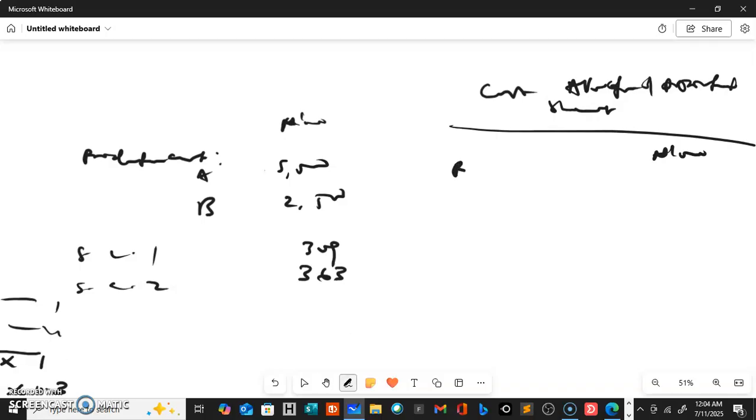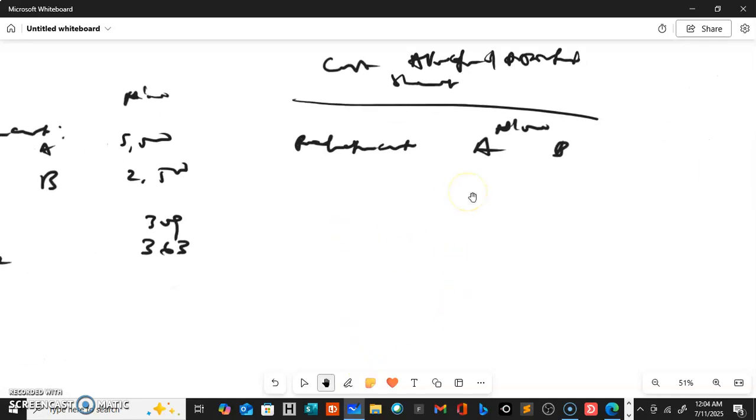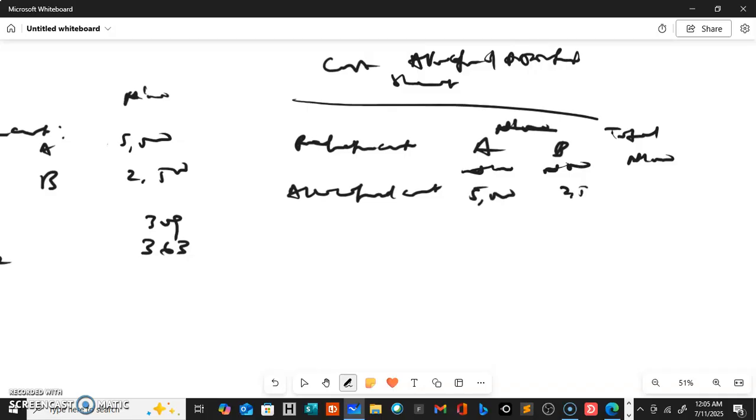So we have production centers A and B, and we have the total figure. This should be a naira sign. Put a naira sign there. Allocated cost: we have 5 million and 2.5 million, so at the end of the day we have a total of 7.5 million.